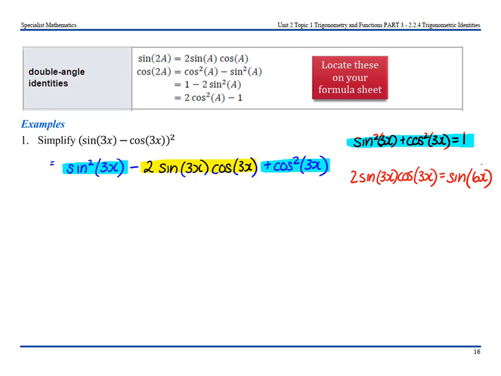And that's using our double angle identity. So let's replace. We'll end up with this equaling 1 minus sine 6x. And that is now simplified.